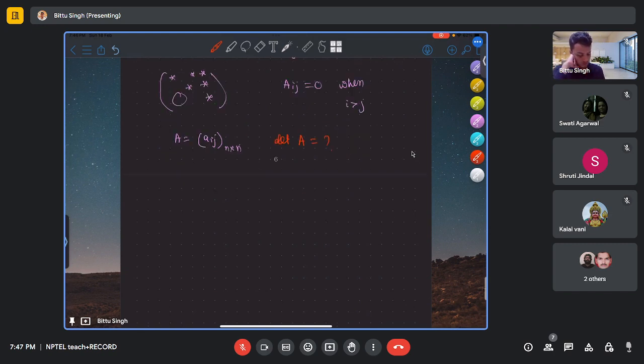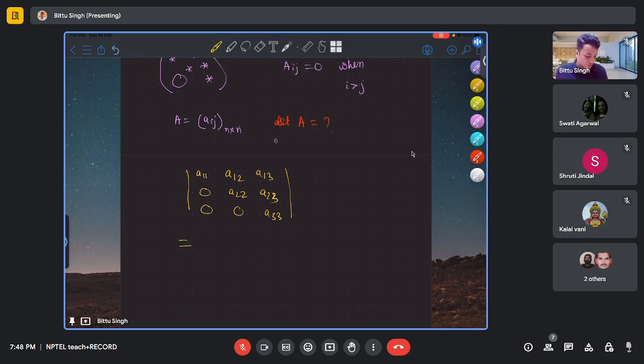So let us try to see. A11, A12, A13, A22, A23. Let us consider only the 3 by 3 case. The general case can be easily seen from this case.